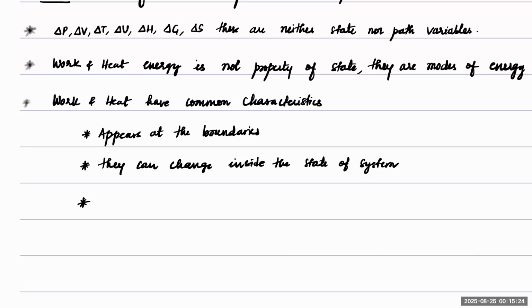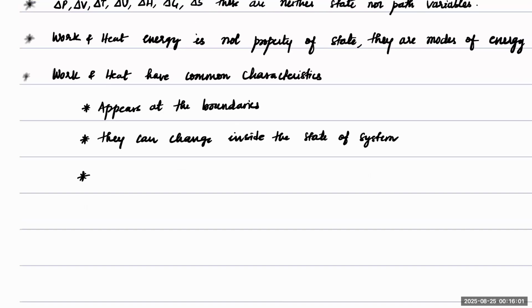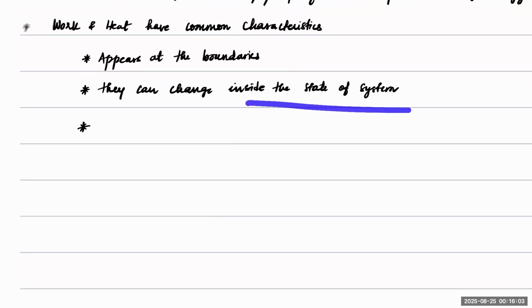It is actually helping in converting the system's internal energy, isn't it? Same is the case with work. When work is done at the boundaries, it is taking away energy from the internal energy and converting it into work. So work and heat help in interconversion of various energy variables. Energy variables include internal energy, enthalpy, Gibbs free energy, Helmholtz energy, entropy. All these factors, they will help in interconverting, right? So they can change inside the state or they can interconvert.